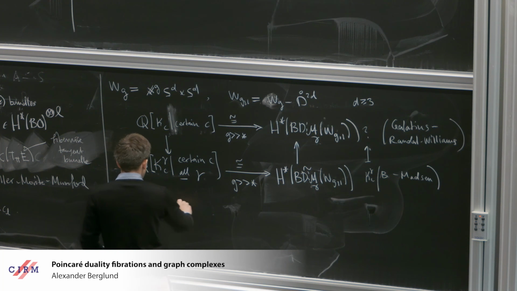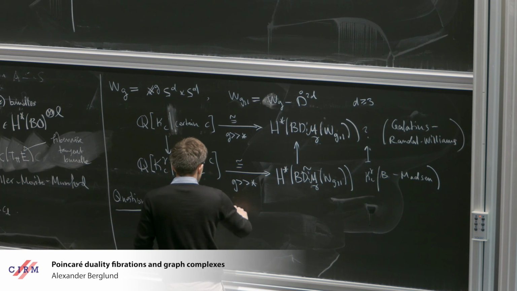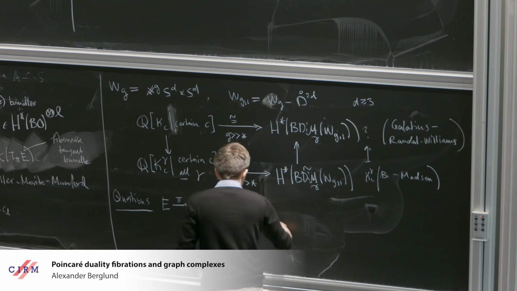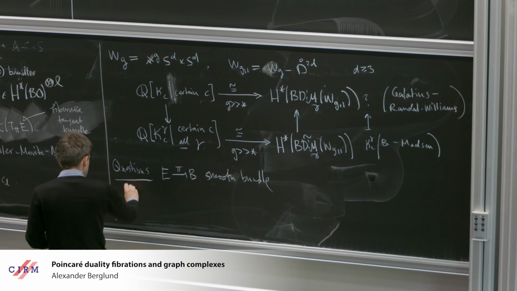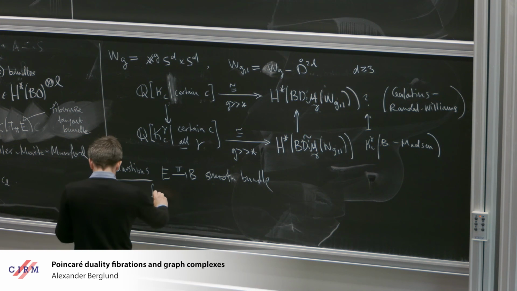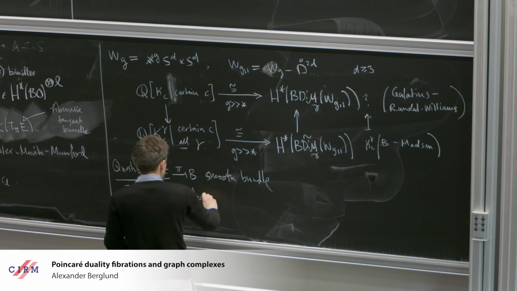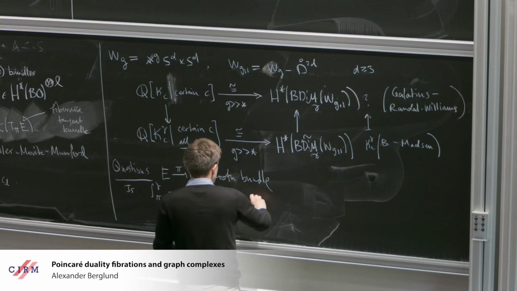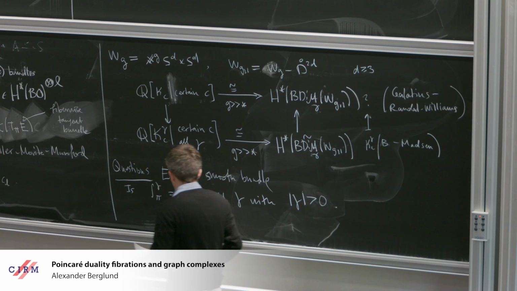Now for a general smooth bundle, could it be that these are always 0? Is this generalized integration along the fiber always 0 when you take positive degree graph classes?